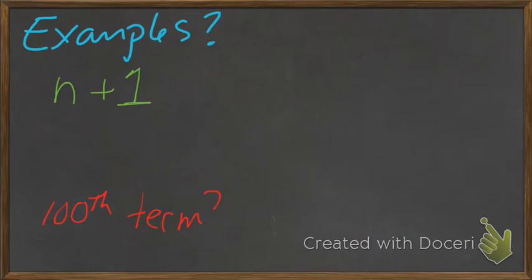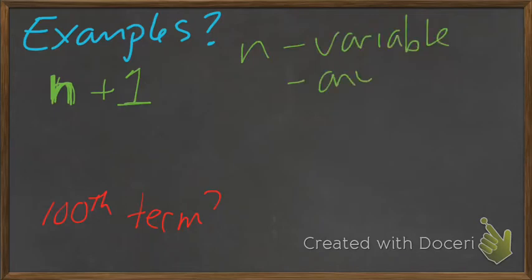Examples, n plus 1. Well, a lot of you are going to look at this and say, well, what is n? How can we know what n is? That's the thing. N is our variable. Meaning, this can be any number. Any number we want it to be.